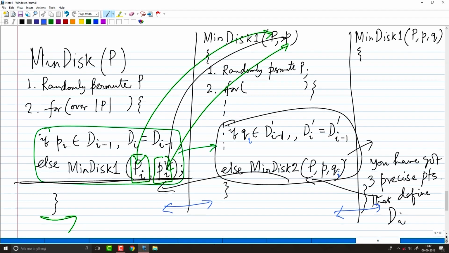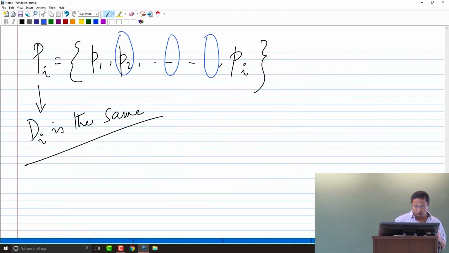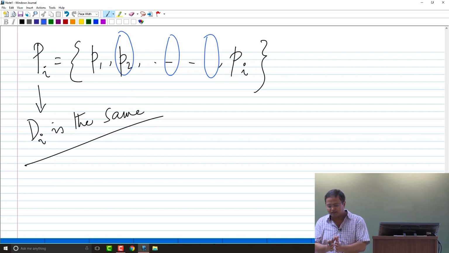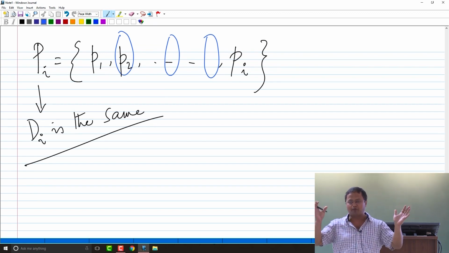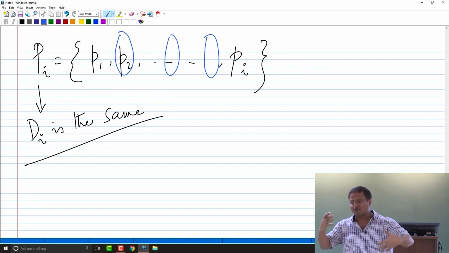Now look at this level. You have already fixed 2 points. Now think of this backward analysis. What does backward analysis tell you? That you are looking at a randomly permuted set, and as I was telling you at the very beginning, it would have been very messy if you calculated it this way, looking at all random permutations and arguing over each one of them.